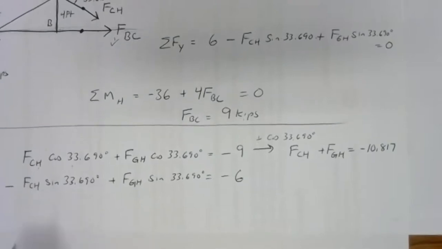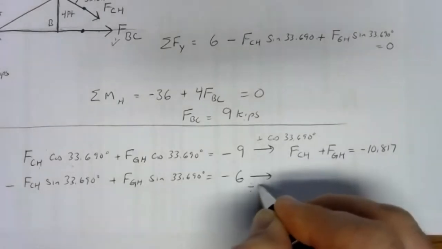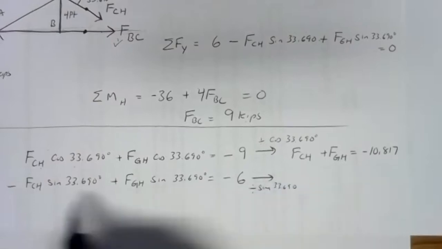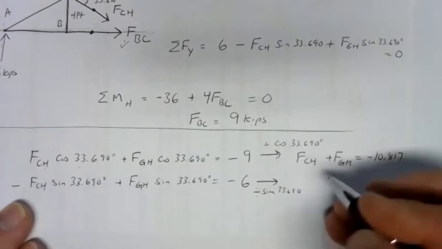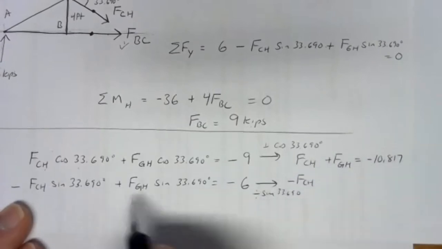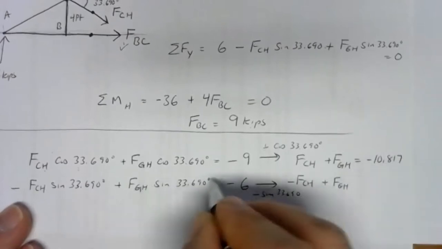We do the same thing on the y direction equation. We're just going to divide by the sine of 33.690. That'll make negative FCH sine into negative FCH. It'll make FGH just FGH. Signs will cancel out.